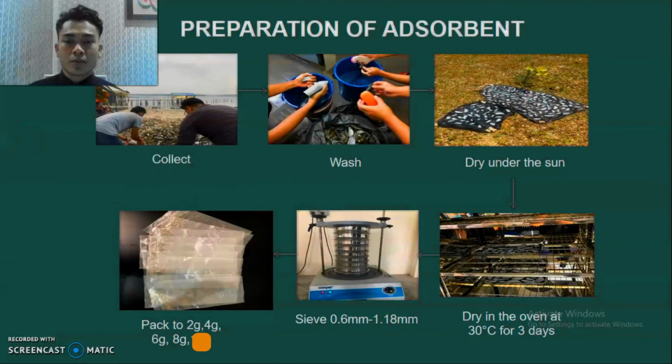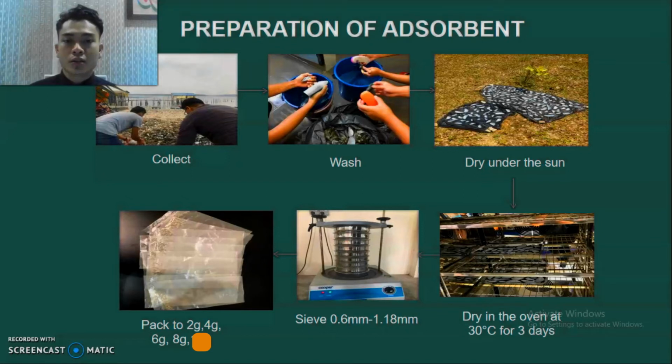Okay, for the preparation of adsorbent, after collecting the mussel shell at Pasir Gudang, Johor, the mussel shell should be washed with tap water and made sure it is in clean condition. After washing, the mussel shell will be soaked under the sunlight and dried in an oven at 30 degrees for 3 days.